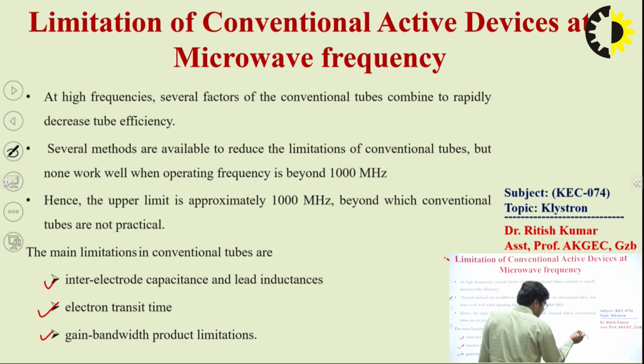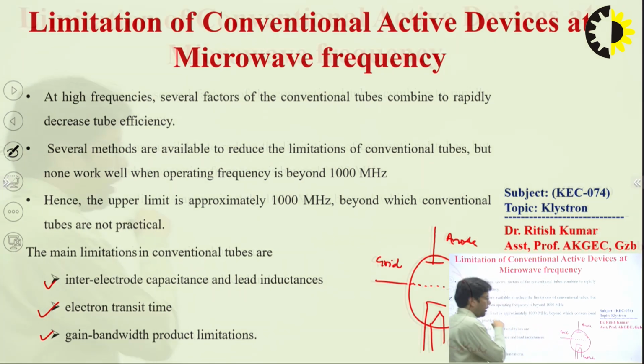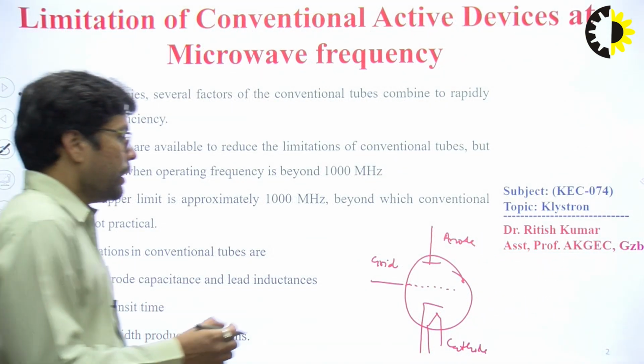Suppose I consider a triode device: this one is the cathode, this one is the grid, and this one is the anode.